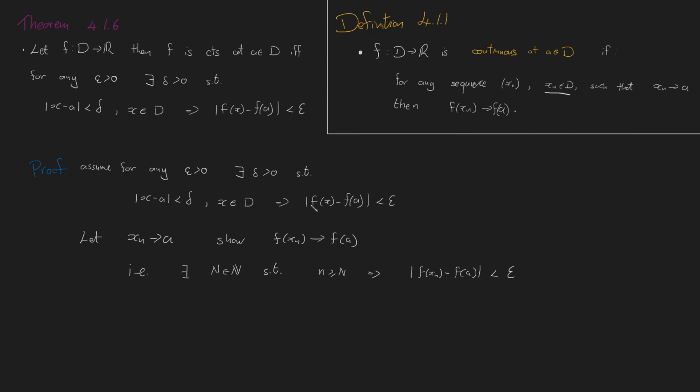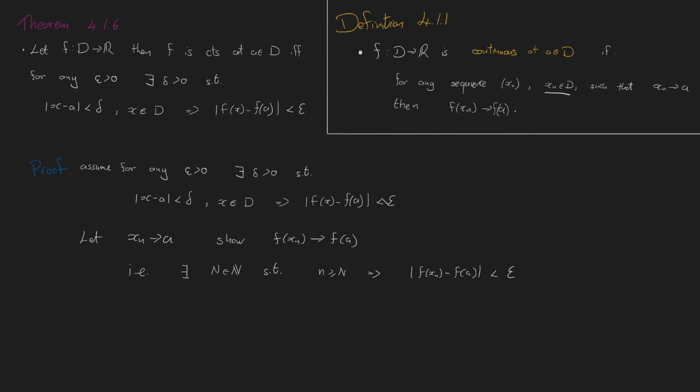And this already starts to connect up with the epsilon delta condition that we have here. So we have that the absolute value of f of x minus f of a is less than epsilon, and we are assuming this condition. It's x here rather than xn, but as long as we can have the absolute value of xn minus a less than delta, then this is going to follow.